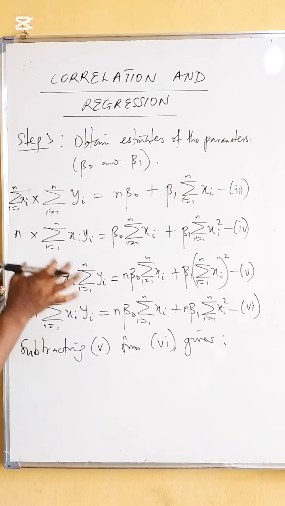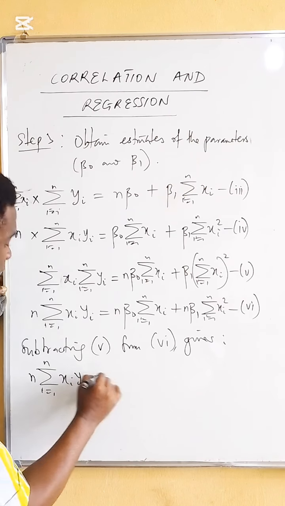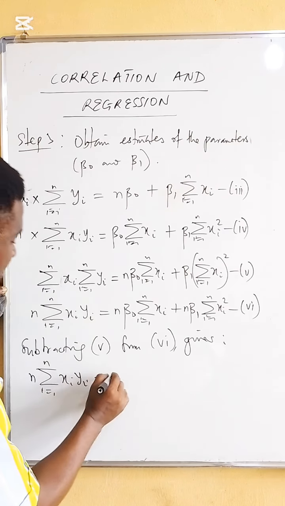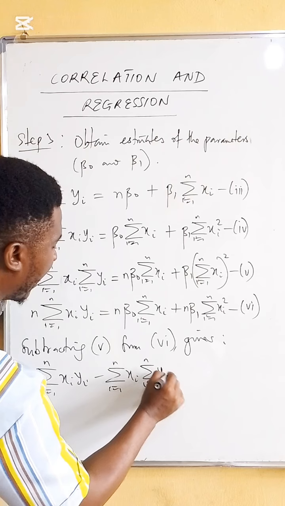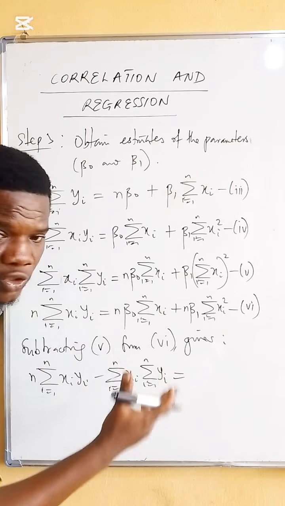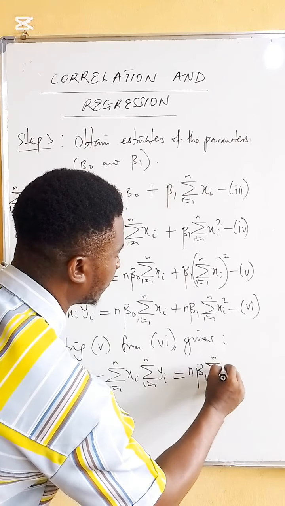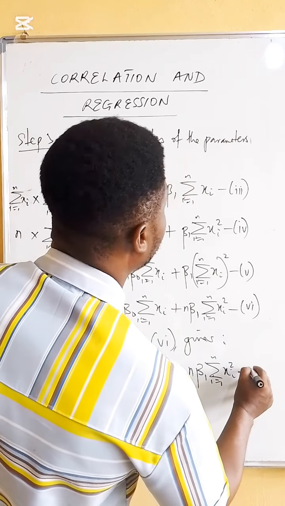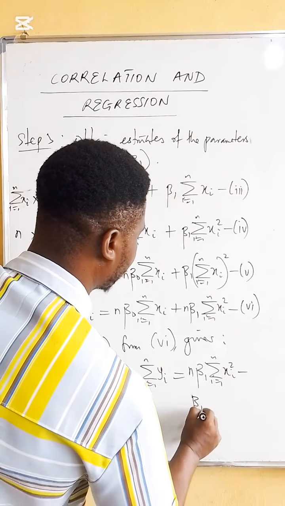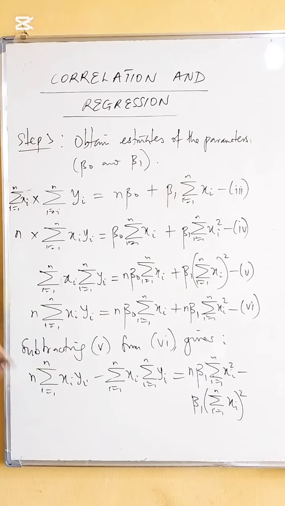So when you subtract, you end up having n summation from i equals 1 to n xi yi minus summation from i equals 1 to n xi summation i equals 1 to n yi, and this will be equal to n beta 1 summation from i equals 1 to n xi squared minus beta 1 summation from i equals 1 to n xi all squared. So that is what we are going to have.